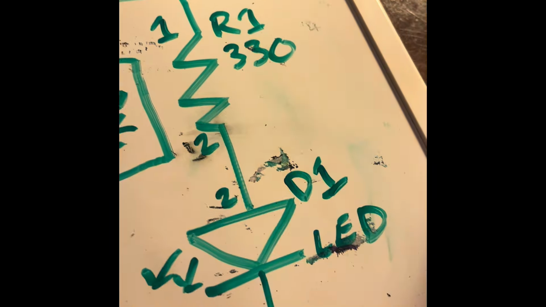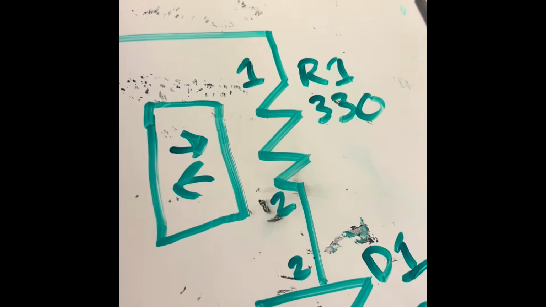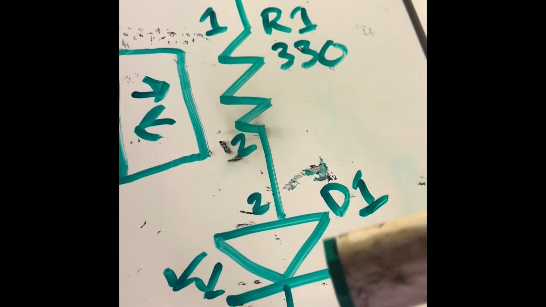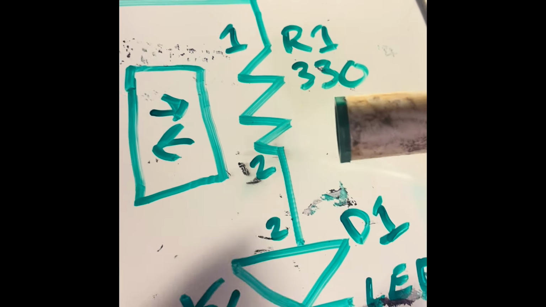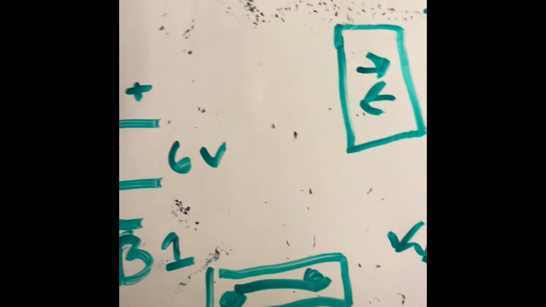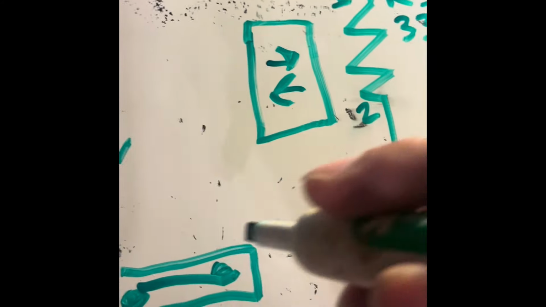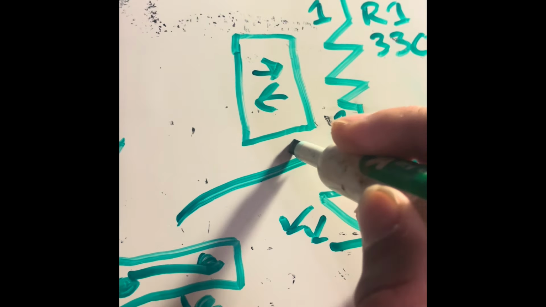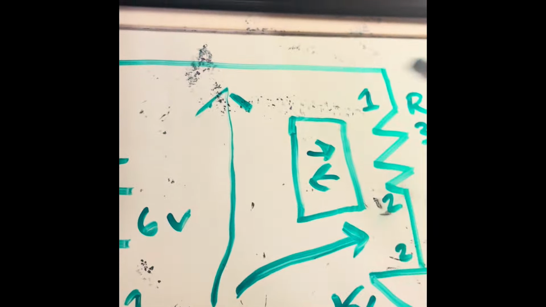So he said there's a node between the resistor and the LED. So this area right here, a node. So that backs up my claim that a node is connecting 2 things, because this right here is also a node. And I'll just put this right here, node, put this up here, node.